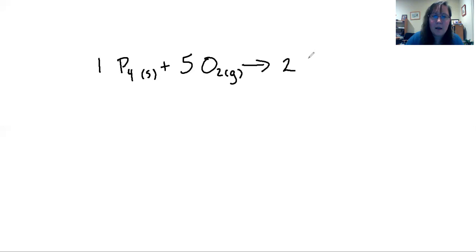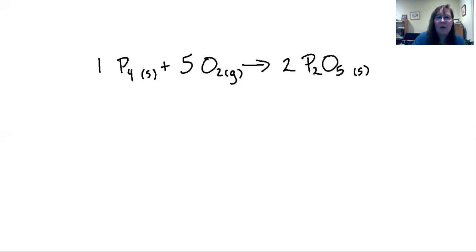It was, if I can find the equation, because I didn't have it written down. All right, 1 mole of P4 plus 5 moles of oxygen gas yields 2 moles of diphosphorus pentoxide, and that's a solid.